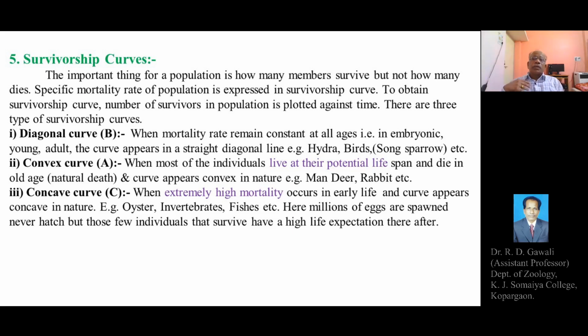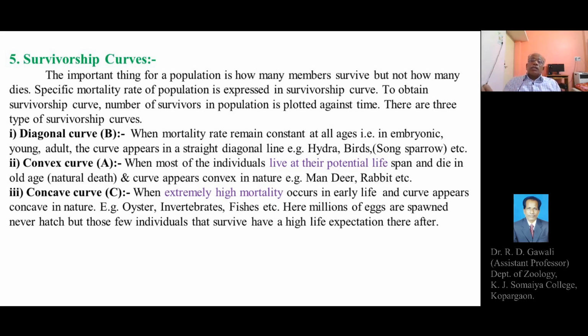And the third type of survivorship curve is called the concave curve. This type of curve appears when extremely high mortality or death occurs in early life, and the shape of the curve is concave.